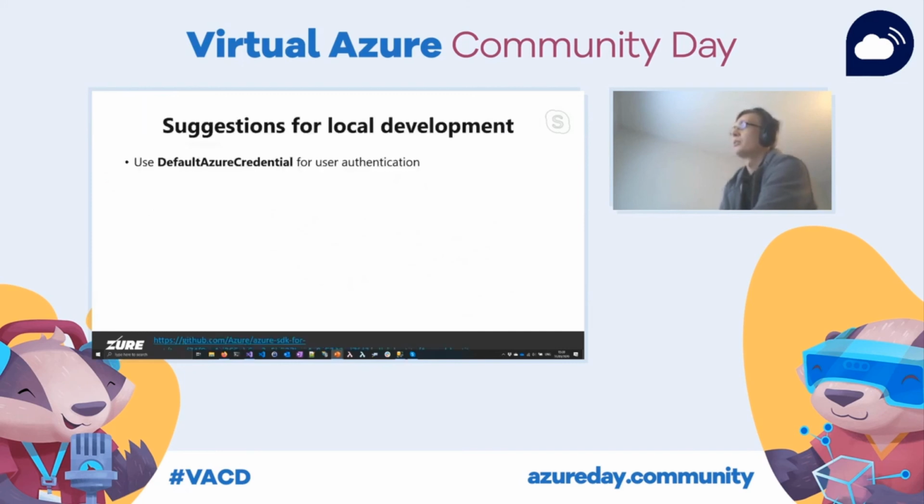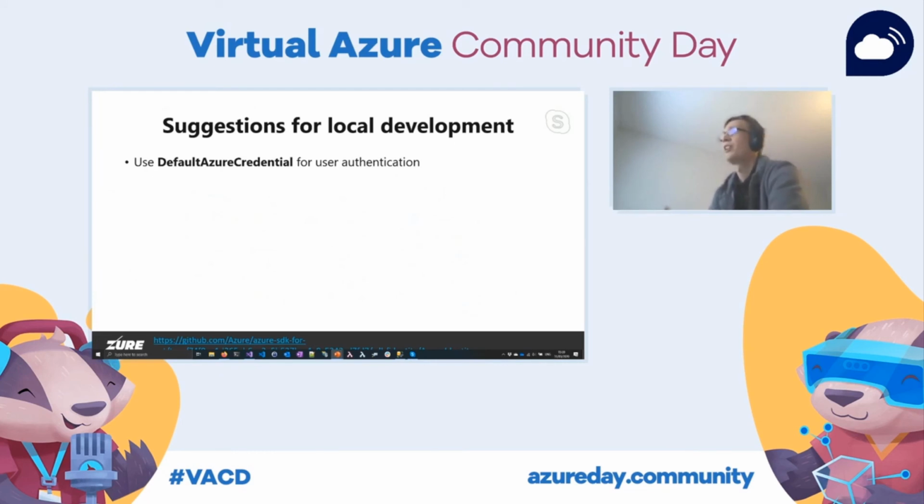So when you can, in local development, if you can use DefaultAzureCredential, I highly suggest that you do so. Because it makes it quite a lot nicer, because you can use that same credential in Azure as well. So it uses managed identity there and uses your own user account locally.